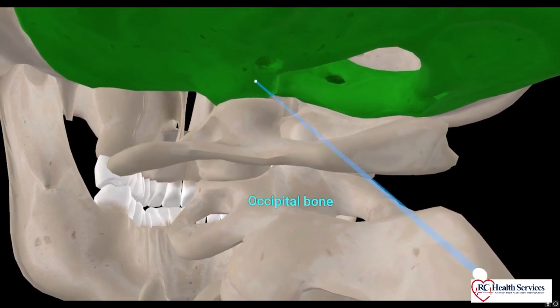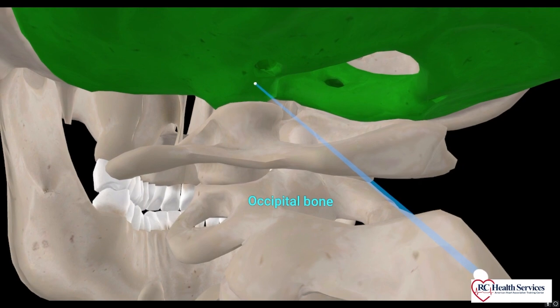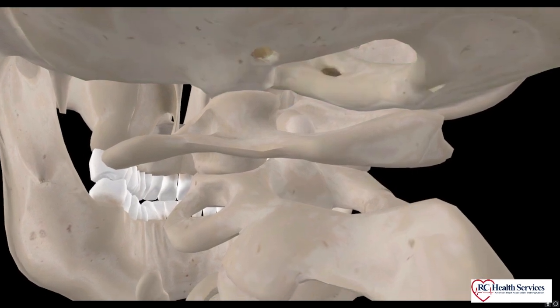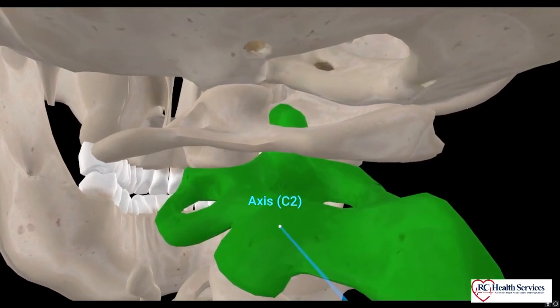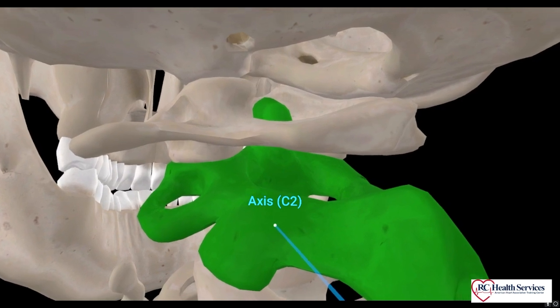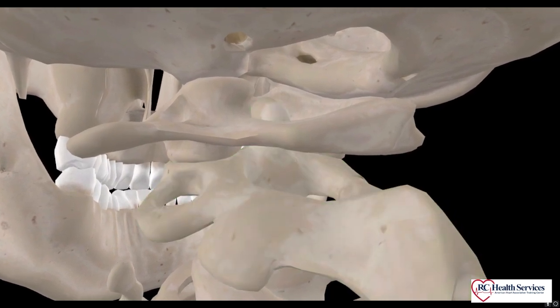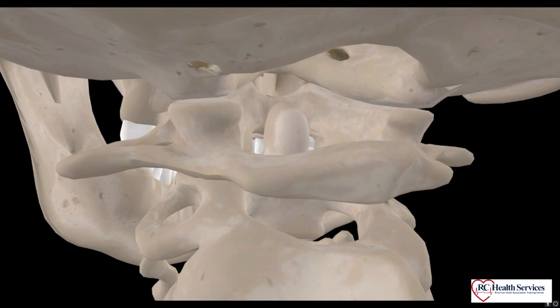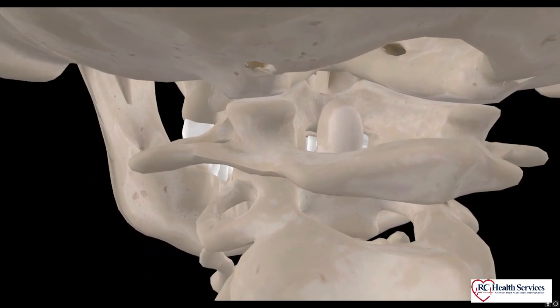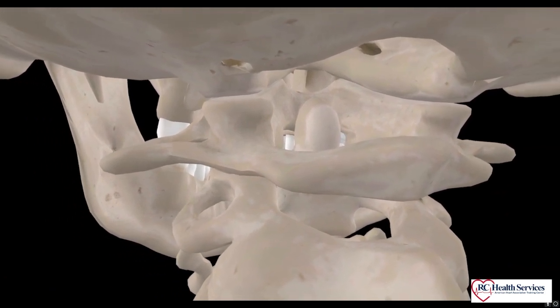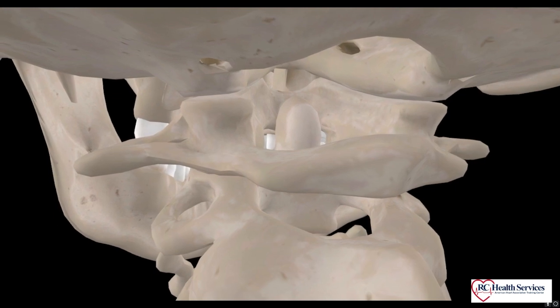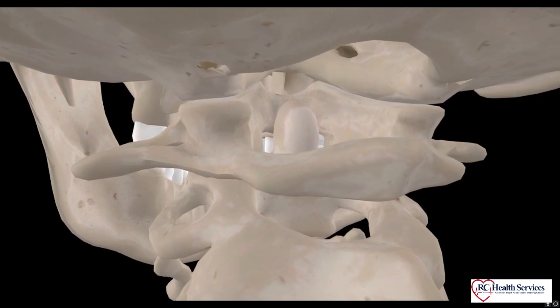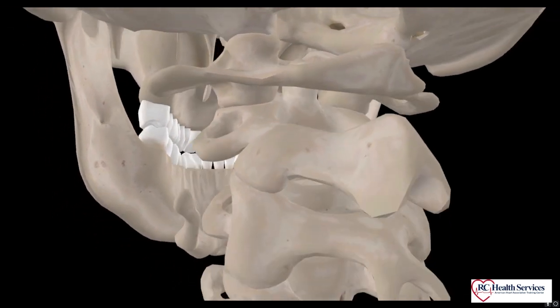We want to be really careful with spinal injuries in C1 and C2, which is also called the axis, because if you do have some sort of fracture or spinal cord injury in these areas, you're going to have pretty much total deficits. It may be difficult for breathing.